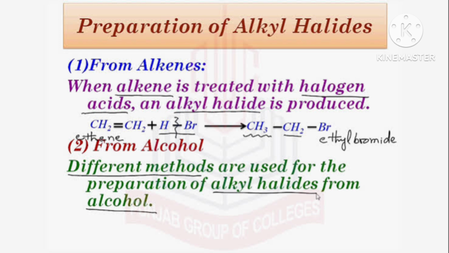And 1 Cl is remaining, 1 H is remaining. Hence it will form HCl. Hence final reaction, ROH plus PCl5 gives 3 products, RCl plus POCl3 plus HCl.